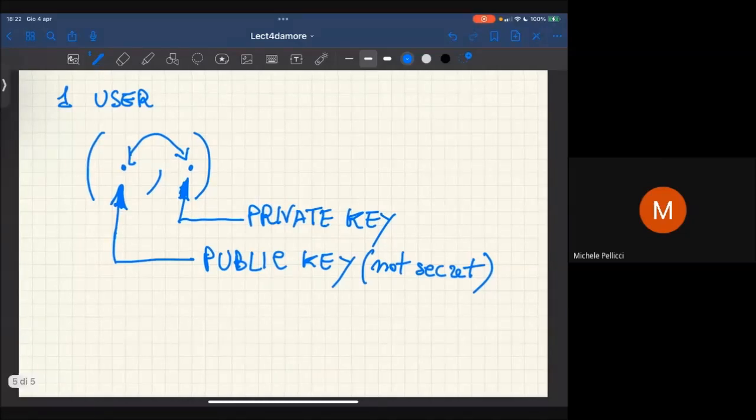The private key should be kept secret. Nobody should know the private key. Only the single owner should have knowledge of the private key. Every person is having a private key, of course, and in addition, a public key. But every key will generally be different.